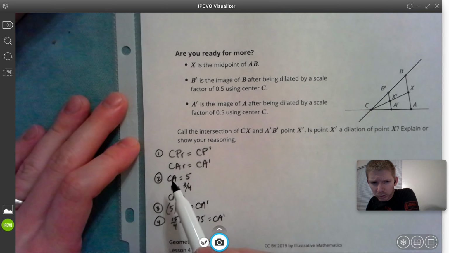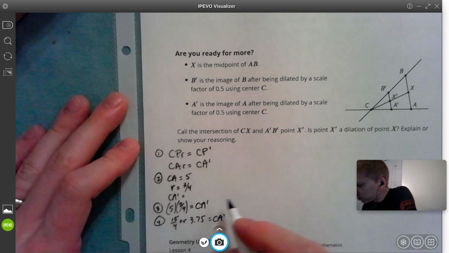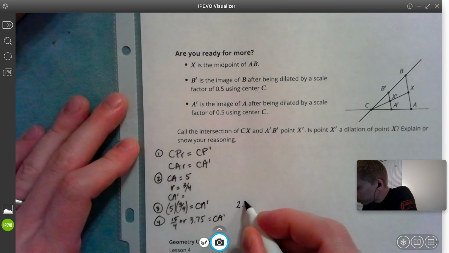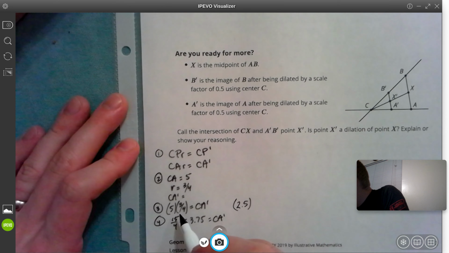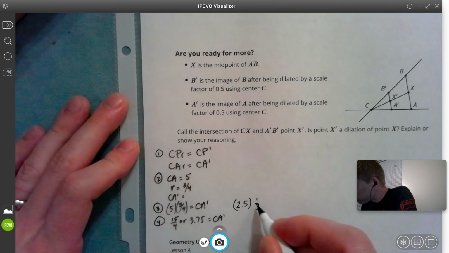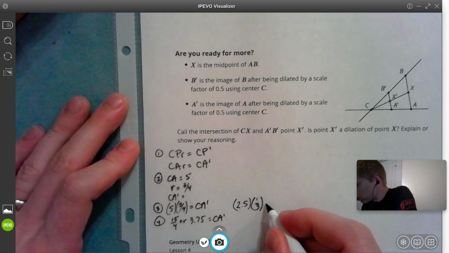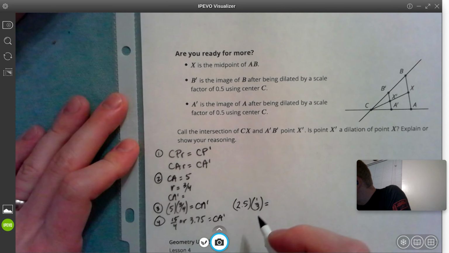The distance from C to B now is going to be 2.5, and the scale factor now is 1/3. That's going to give us the distance from C to B prime.